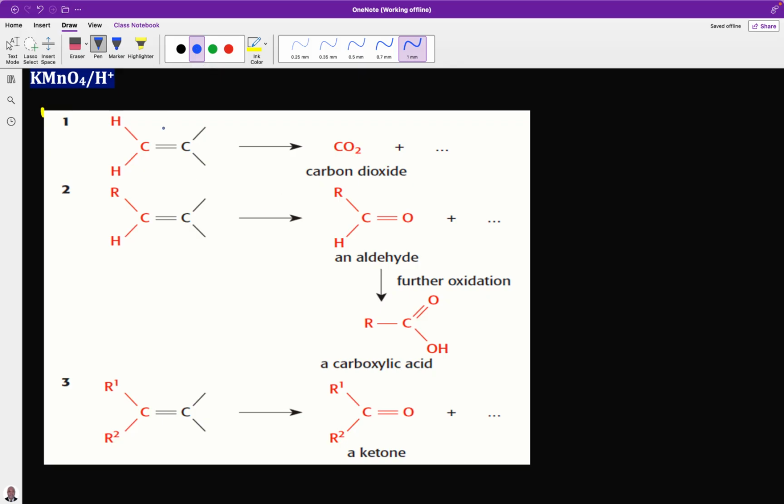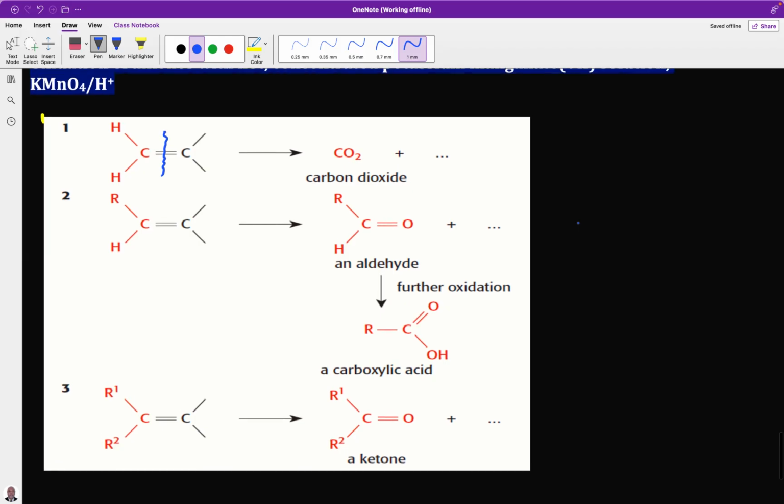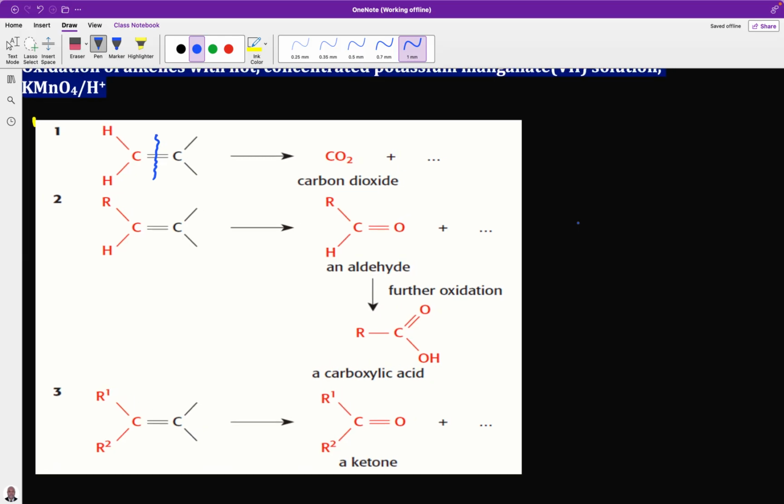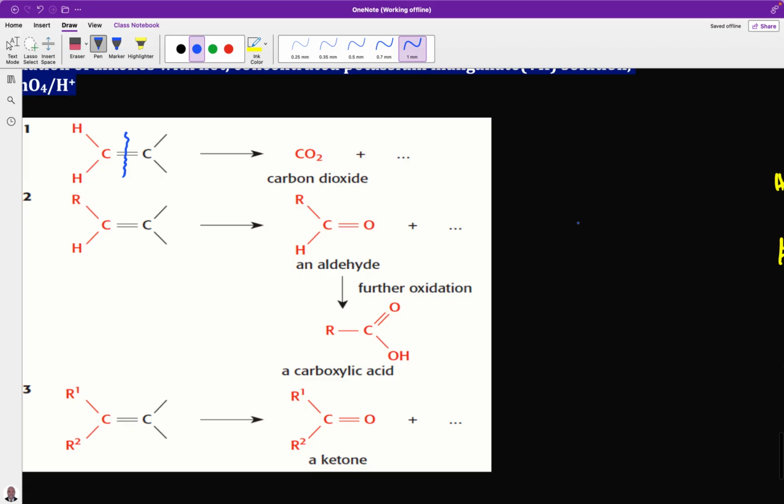And when that splitting goes, it gives us carbon, hydrogen, with this.